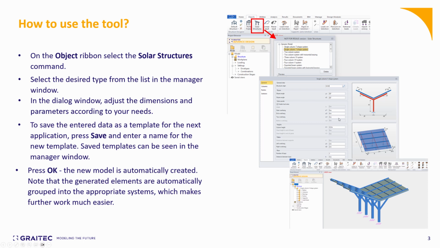Finally, after you're done with the definition of geometry, you can click OK, and the structure will be generated in Advanced Design. We also have another option, which is save, so you can save this template and reuse it again in your other projects if you want to use the same geometry type.